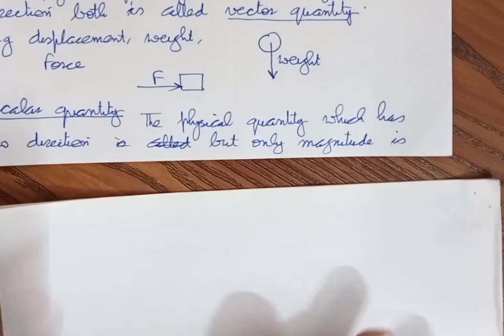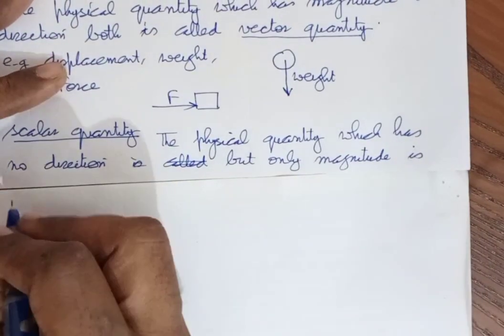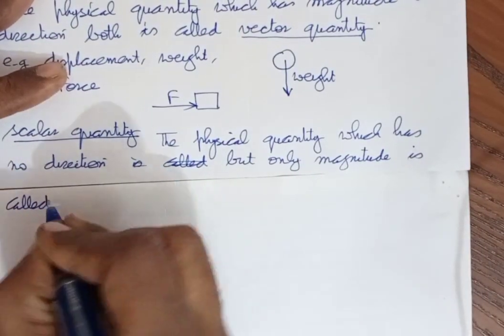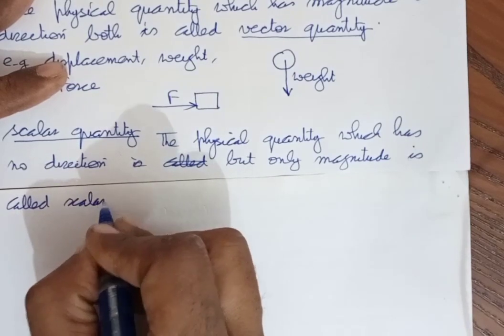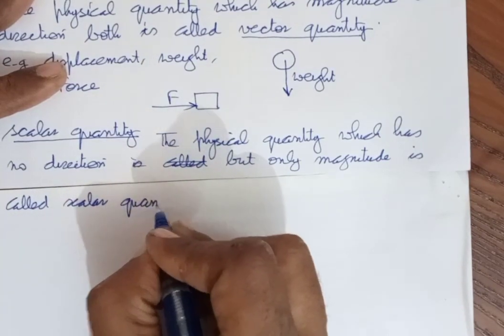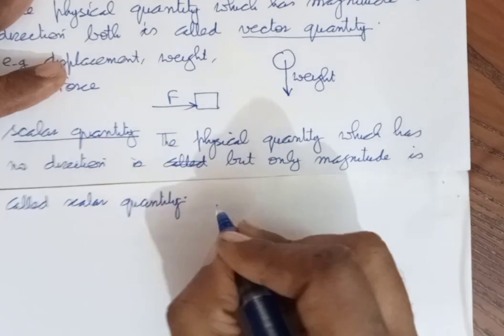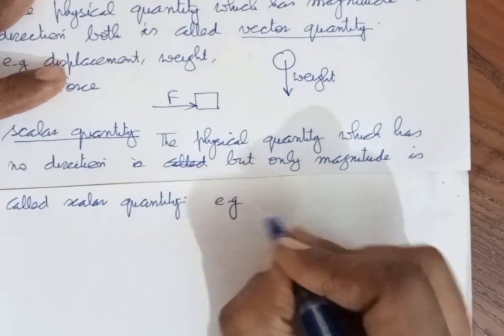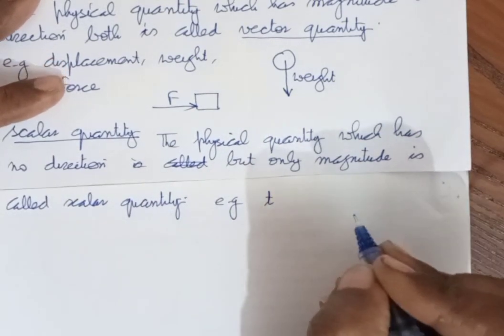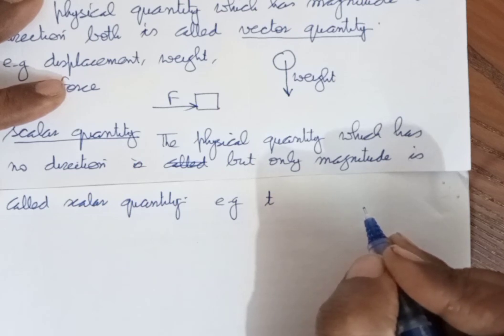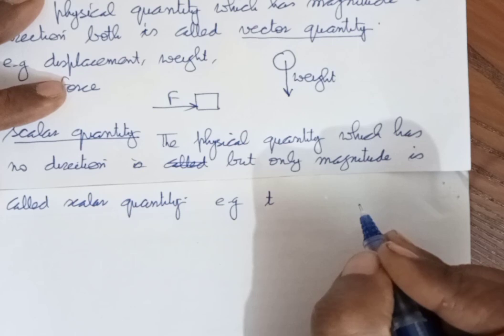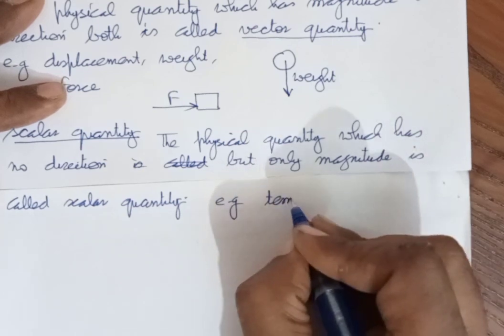It is a scalar quantity. Example, temperature. Temperature has no direction. Like your room temperature is 25 degrees Celsius. Is it having any preferred direction? Towards left, right, north, south? It is everywhere.